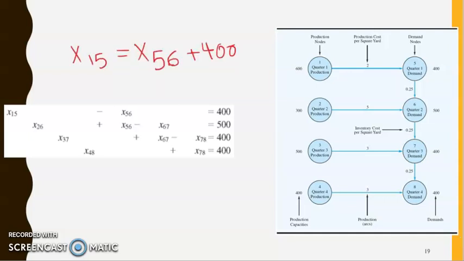You can also write the constraints as this, because since it is a transshipment node, the inflow must be equal to outflow. The inflow to node 5 is x15, as you can see here, and the outflow is x56 and 400. So these two things must be equal. Of course, this way of writing, as I have always told you, is more professional, but if you are more comfortable to write it like this it is okay. The rest of the nodes are treated in the same way.